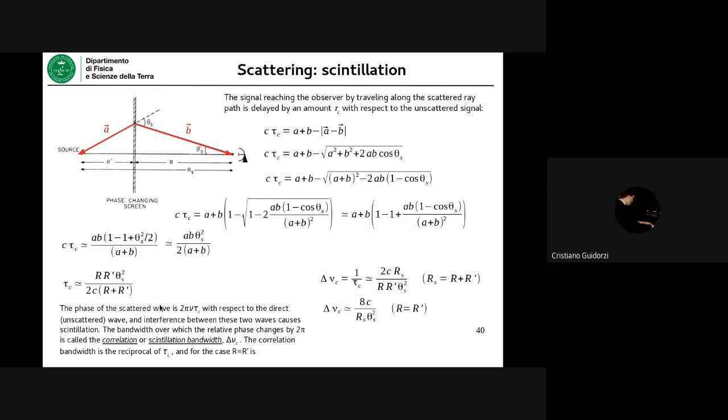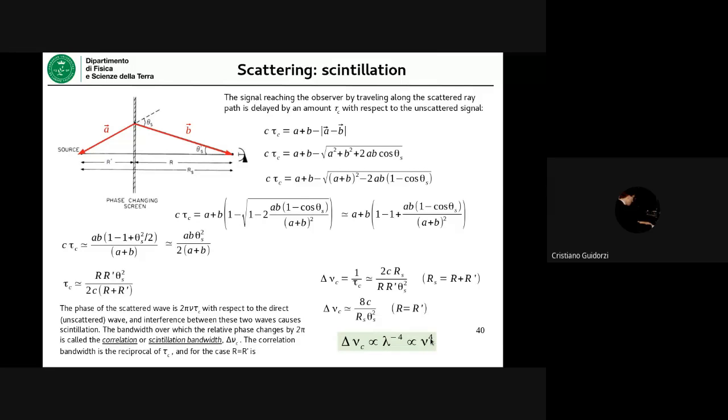You remember that if you look a few slides ago, you see that theta s, so the tilting angle due to the screening properties of the medium, scales with lambda squared, a result that we obtained. So lambda squared means that delta nu scales as 1 over lambda fourth, but 1 over lambda fourth means proportional to nu to the fourth power.